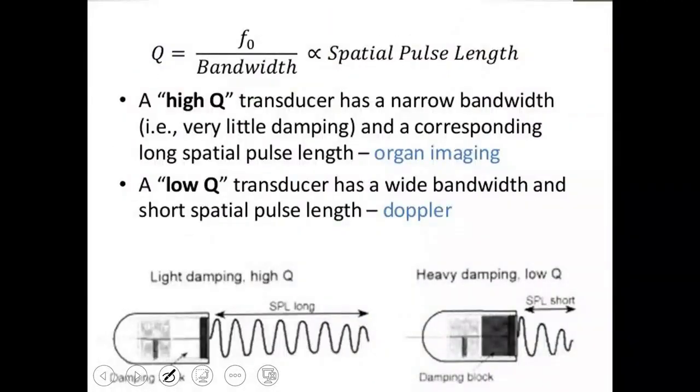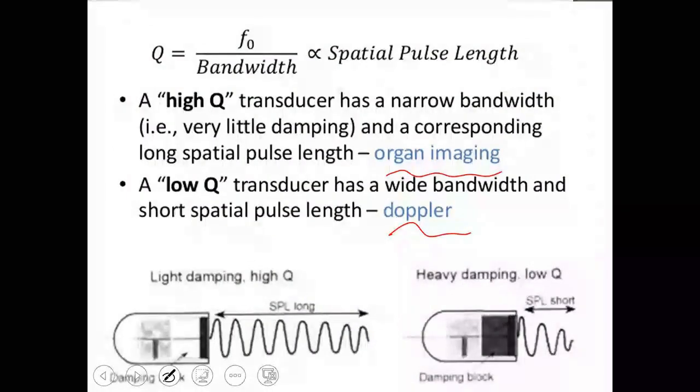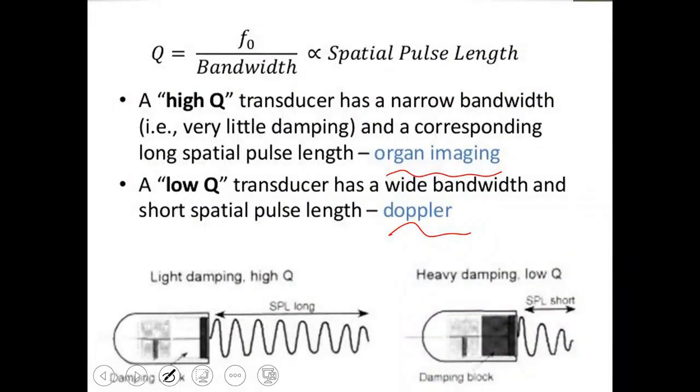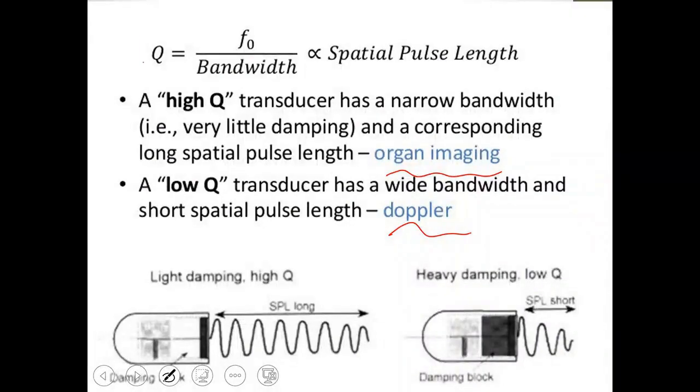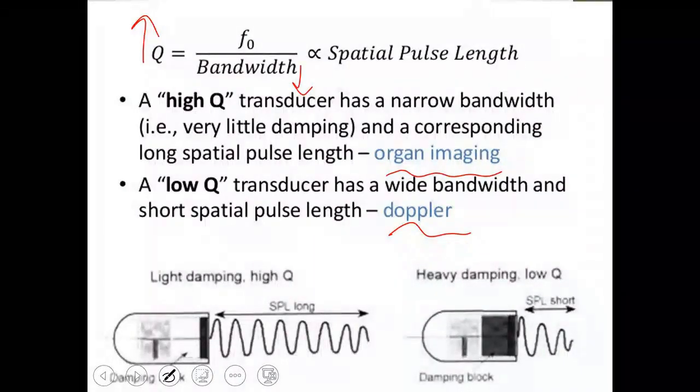When you want to perform organ imaging, you use a transducer that has high Q and narrow bandwidth. This means that my bandwidth is small, indicating that my Q is high, and you are using this transducer for organ imaging.